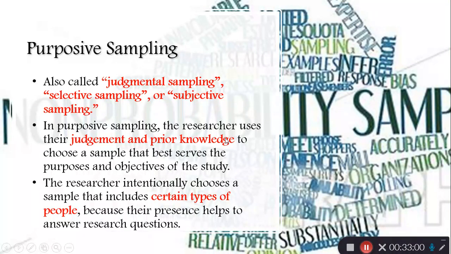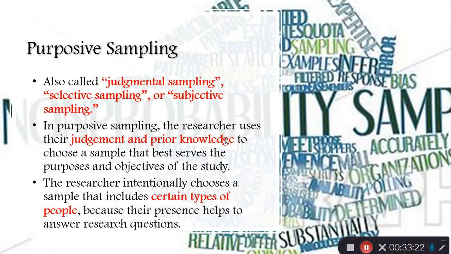In a nutshell, this type of sampling is where the researcher gets to be purposeful in how they go about selecting the individuals to take part in their study. They intentionally and purposefully select certain individuals that can provide certain accounts of experiences that help to answer their research questions.